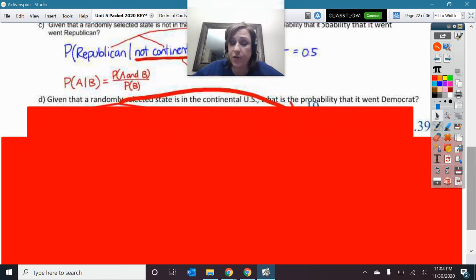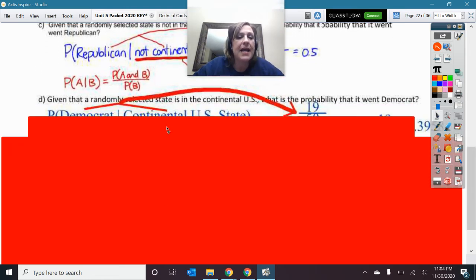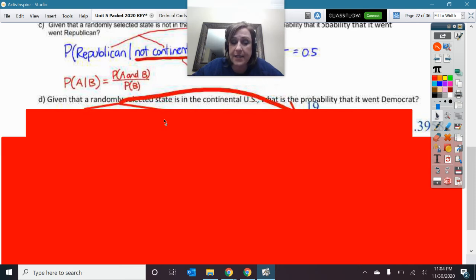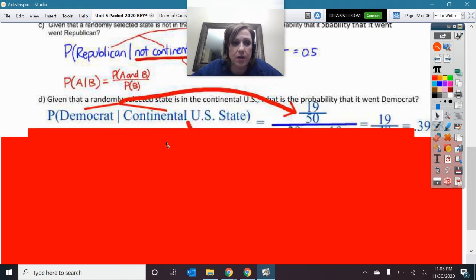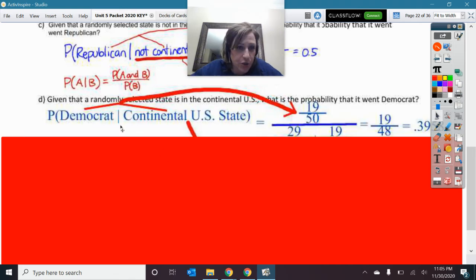All right, let's do another question. Here we go. Let's see if you can write this out. Given that the randomly selected state is continental. Your straight up and down line is the given that. Given that it's in the continental United States, we need all of the continental United States ones.